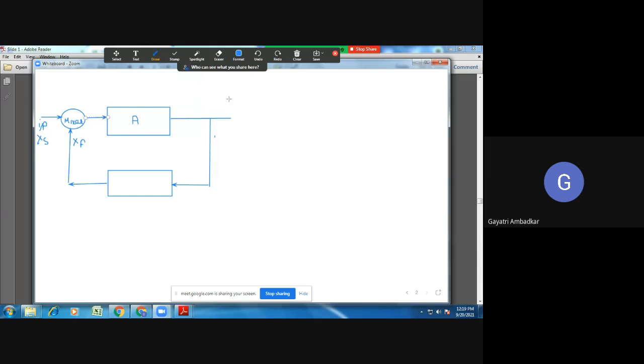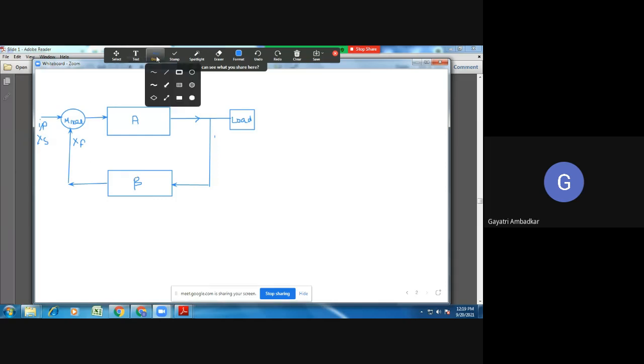Clear? So here you may have the output load present. This is the feedback network. In short, I'll write beta network.